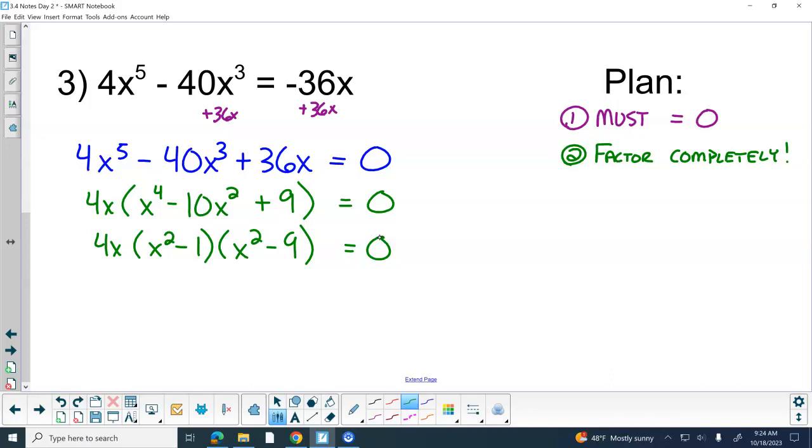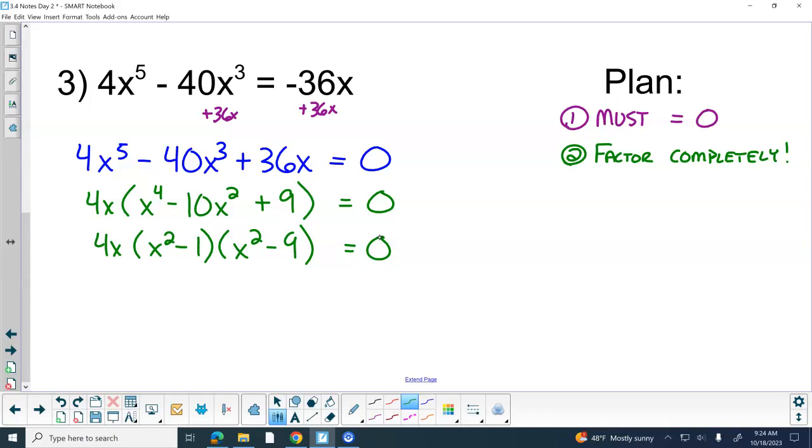Side note, how many answers do we need in the end? 5. Gotta come up with 5 answers. Can either one of those binomials be factored? Both of them, because they're both perfect squares minus perfect squares, right?